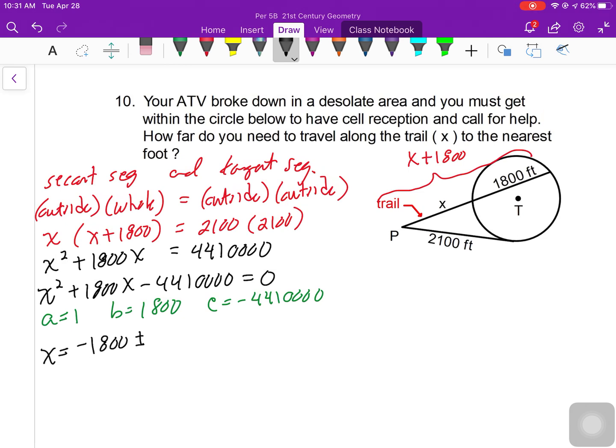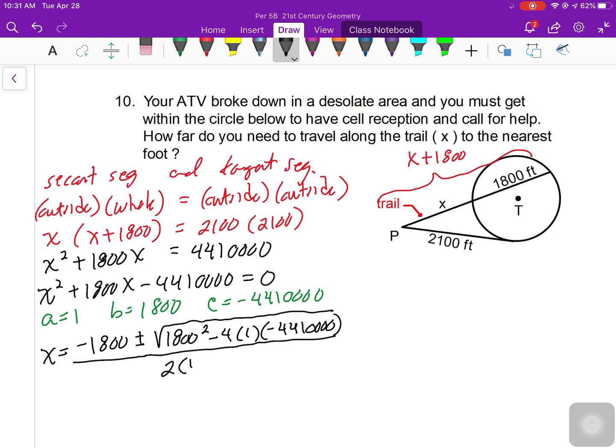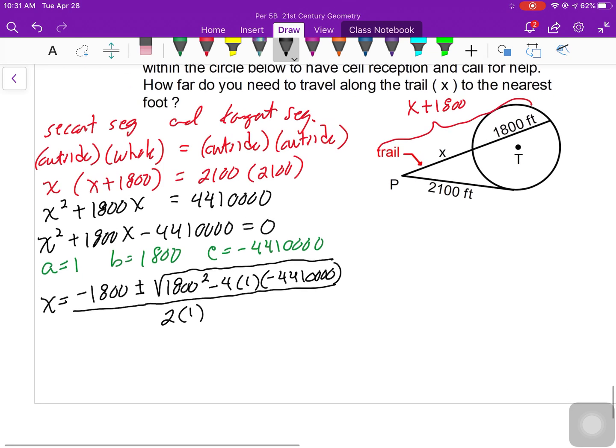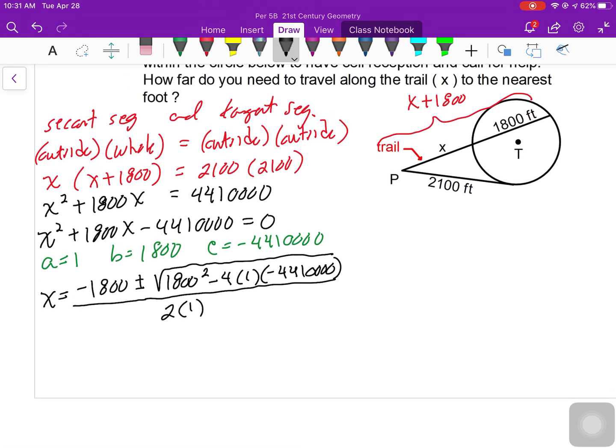Putting that into our quadratic formula, we would have negative 1800 plus or minus the square root, and then I have 1800 squared minus 4 times 1 times negative 441 with those 4 zeros, all divided by 2 times the A.